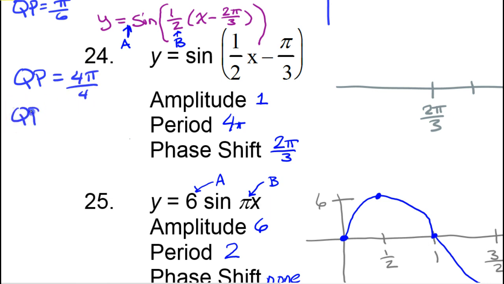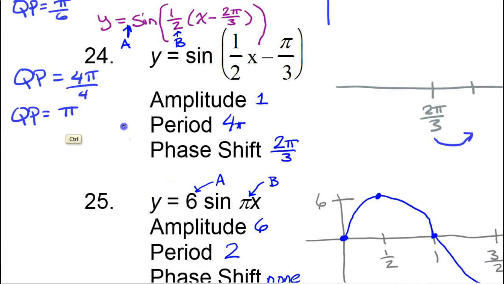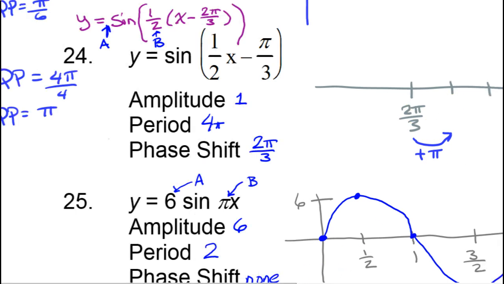So a quarter of a period is going to be pi, of course. So to get from one mark to the next, I should be adding pi each time.